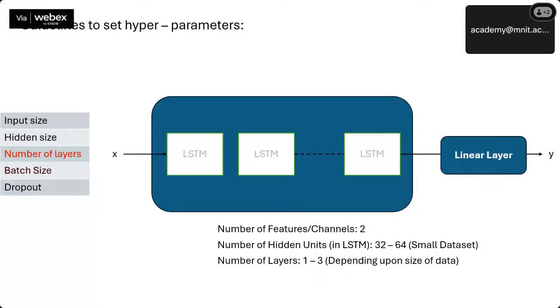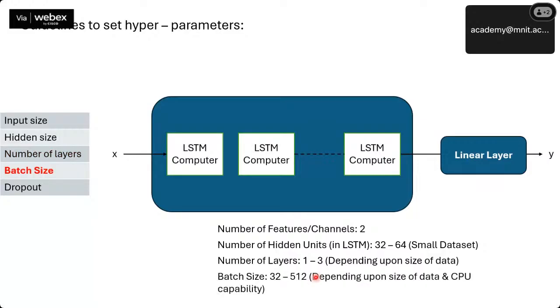Then the fourth hyperparameter that you may come across is the batch size. Batch size is similar to what we have seen in the case of CNN. In CNN, we saw how to send our image data to the CPU or to the GPU so that it can compute the data and then give out some result, right?